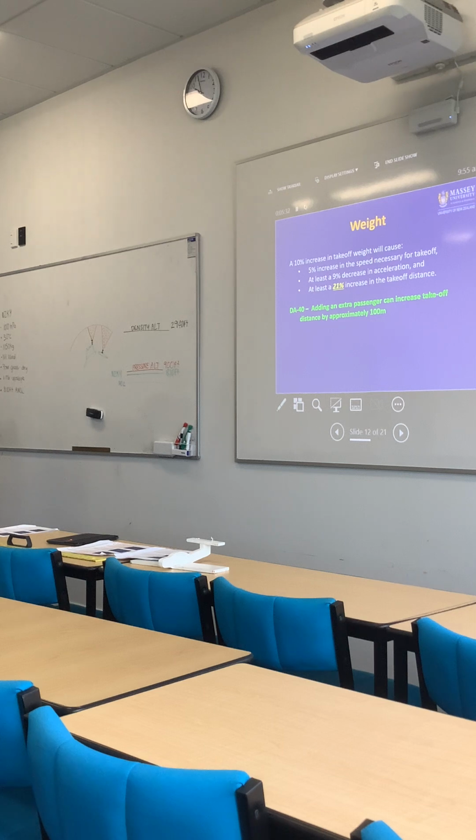Adding a passenger on board could add another 100 metres to that distance. Now if we're taking off on a short runway like Kofi or the grass runway here, that could be the difference between actually being able to get airborne safely and not. So ideally for a short field takeoff we are as light as possible. So weight increases the takeoff distance.